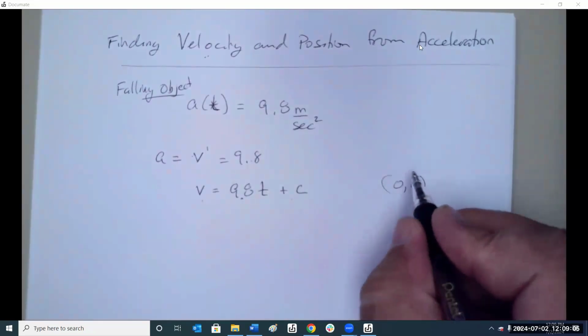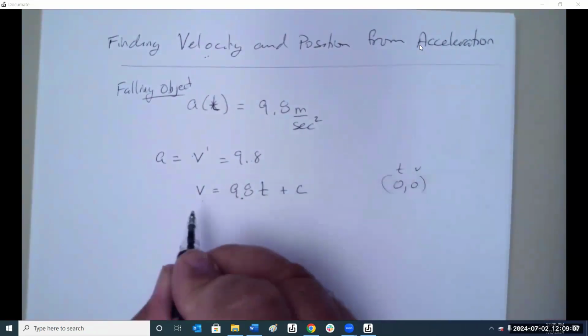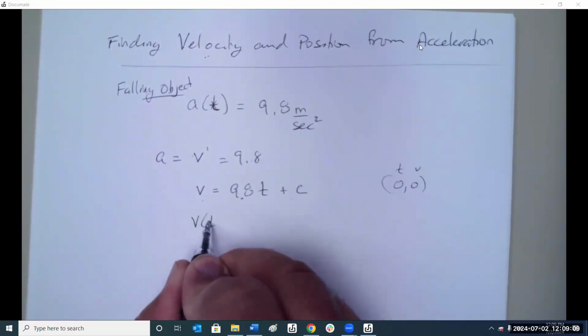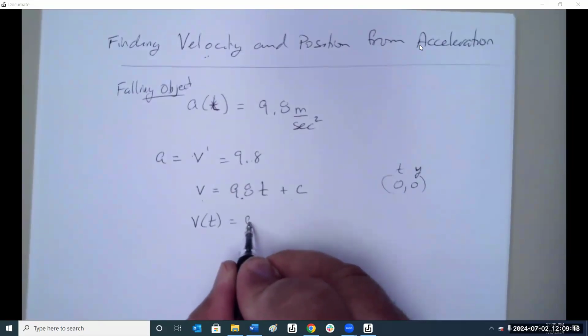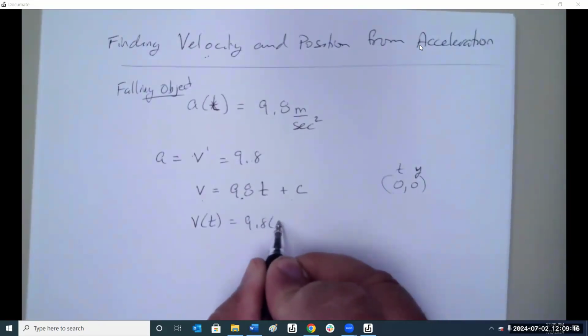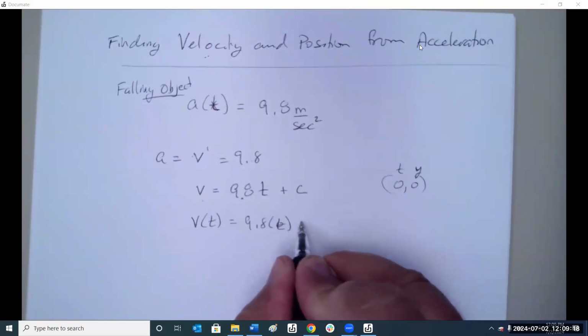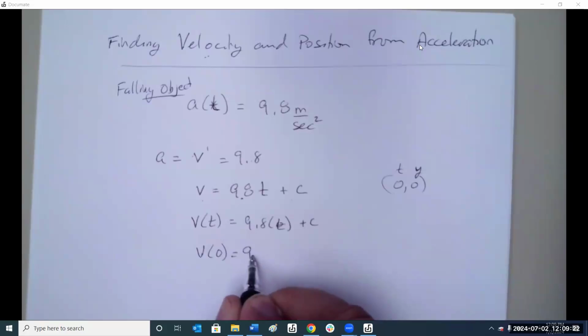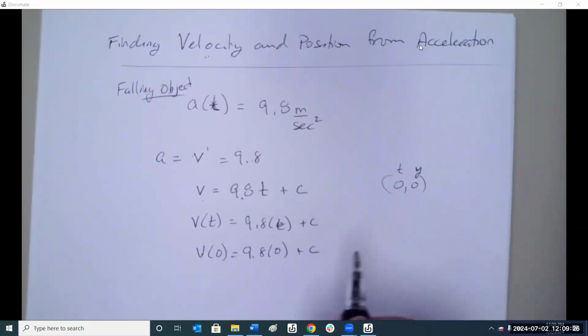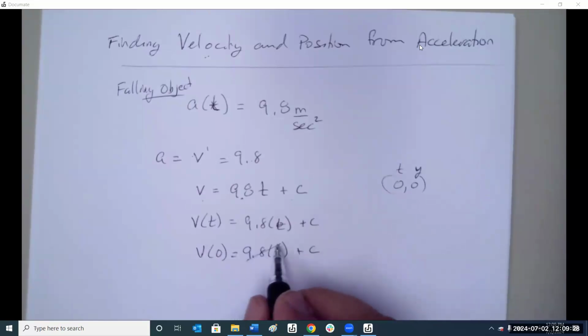So at time t, this is your velocity. So velocity at time t, or this is my y value, I have 9.8 times t plus c. So when t is 0, I get 9.8 times 0 plus c.